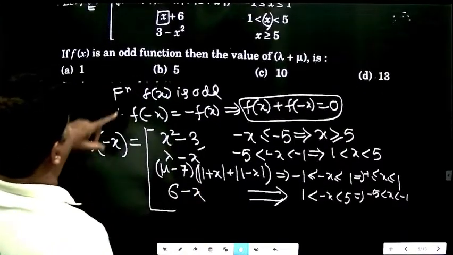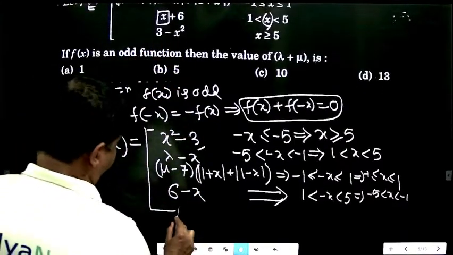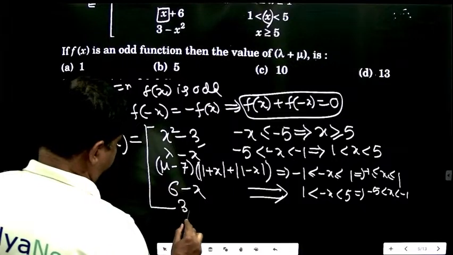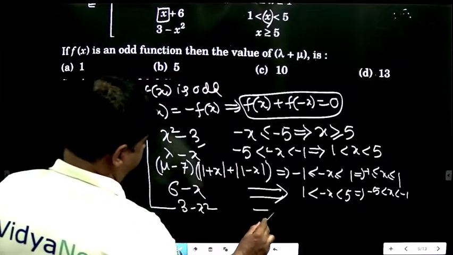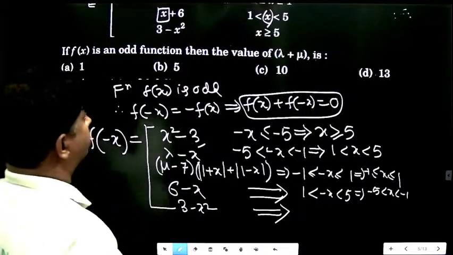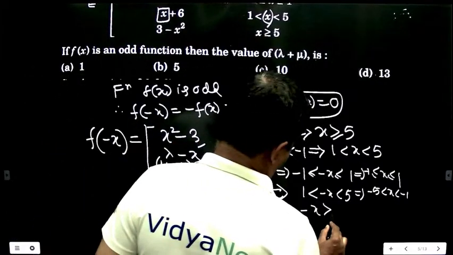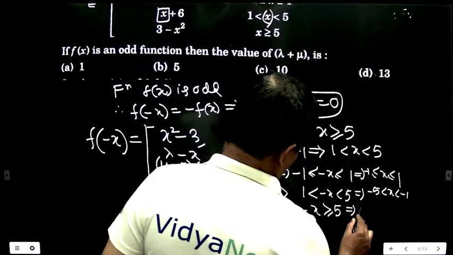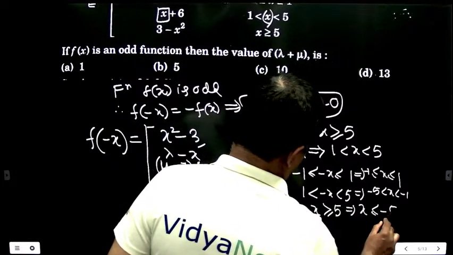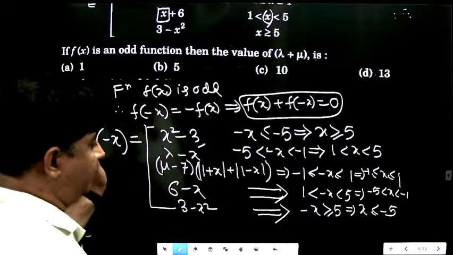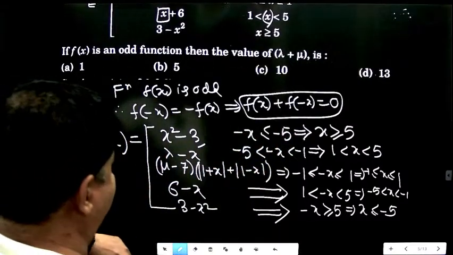Last, 3 minus x square, for minus x greater than or equal to 5. So this is the expression of f of minus x.